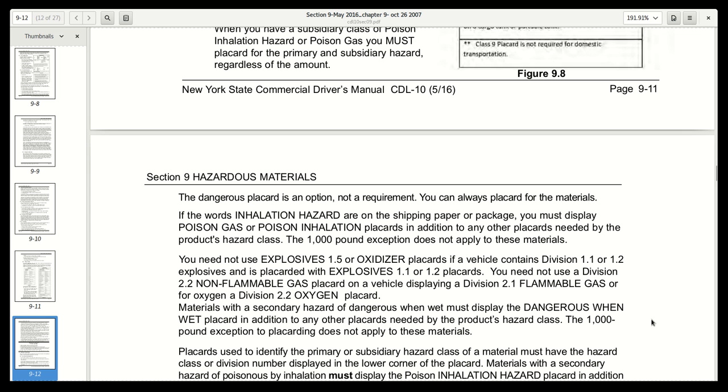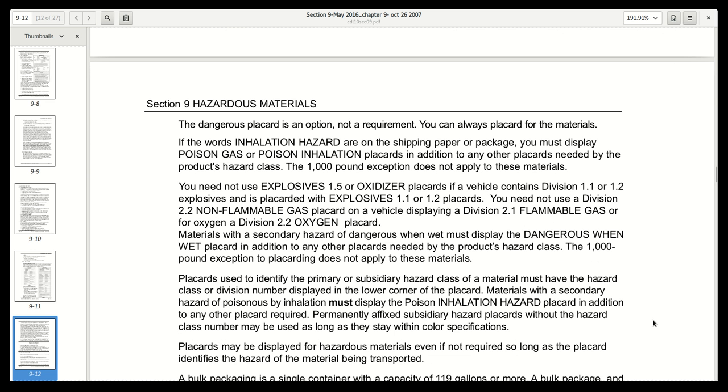You can always placard for the materials. If the words inhalation hazard are on the shipping paper or package, you must display poison gas or poison inhalation placards in addition to any other placards needed by the product hazard class. The 1,000 pound exception does not apply to these materials.